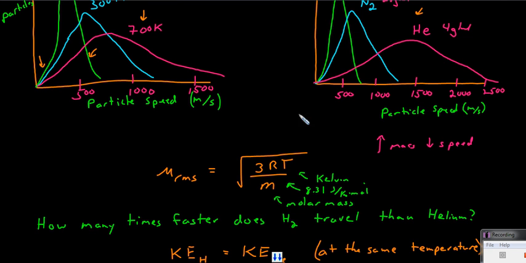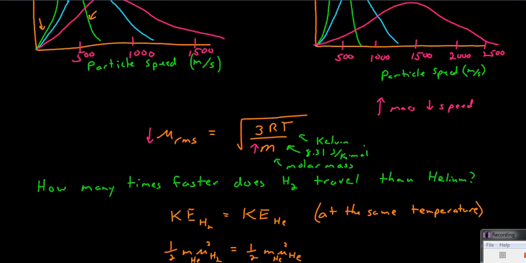In fact, this is described within this equation. The root mean square speed for a certain element is equal to the square root of 3 times R, that's the gas constant, 8.31 joules per Kelvin mole, times temperature in Kelvin, all over molar mass. If you increase the molar mass, you'll decrease the speed. Although it's actually not a linear function, it's to the square root.